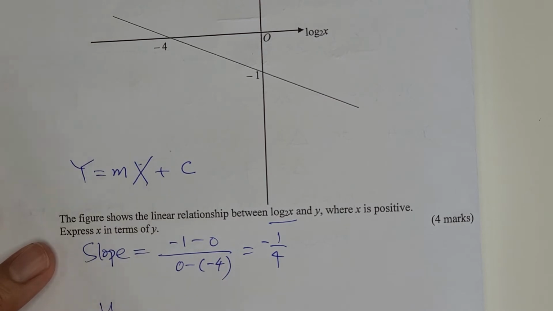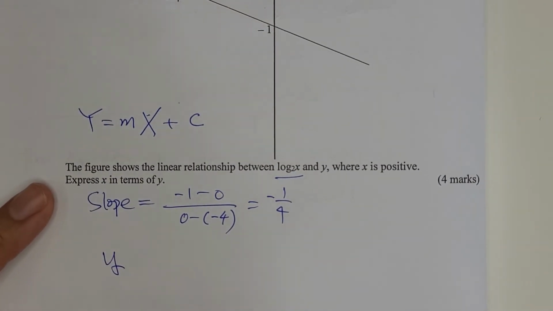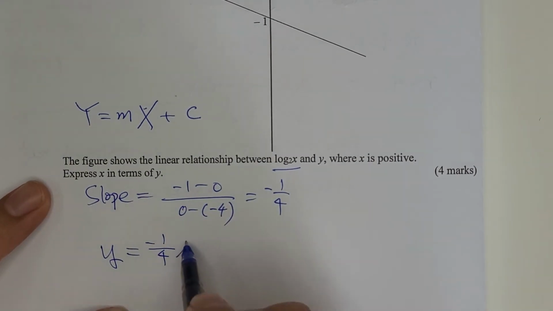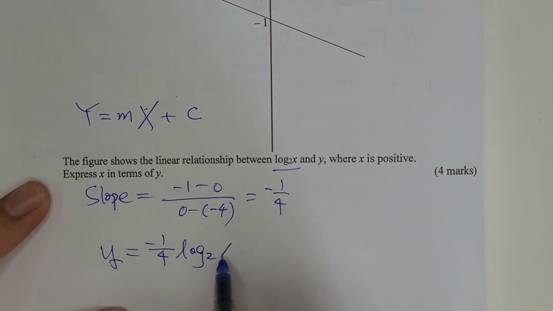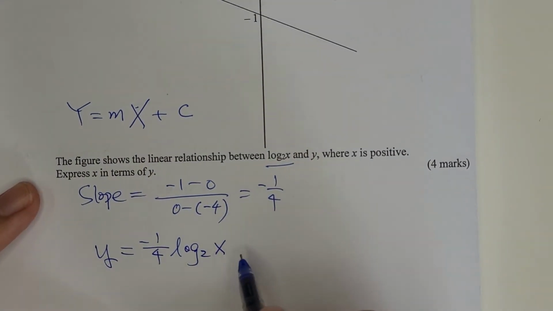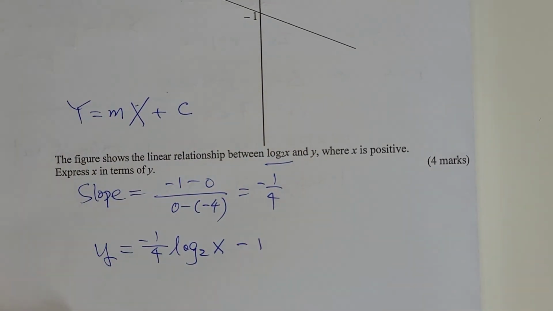The vertical variable, small y here, equals the slope of the straight line, negative 1 over 4, multiplied with the horizontal variable, log x base 2, plus the vertical intercept, that's negative 1. That is the relationship between x and y.